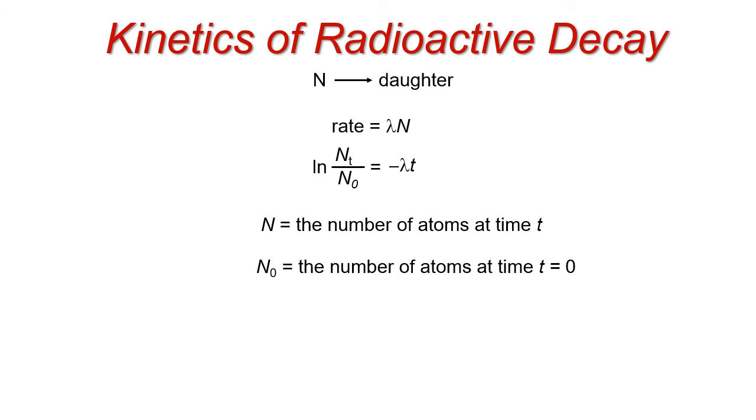As usual, for first order kinetics, we have the decay constant or rate constant of decay, which is the same. In radioactivity, lambda is common. And now the half-life, which is natural log of 2 divided by lambda, or approximately 0.7 divided by lambda. At this time, 1/2 of parent isotopes will decay.